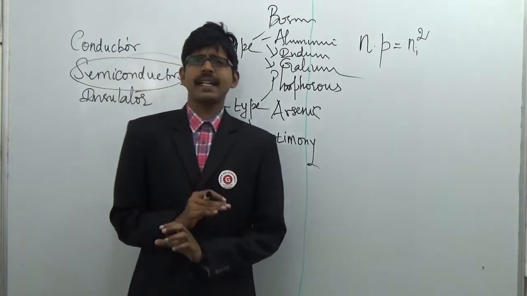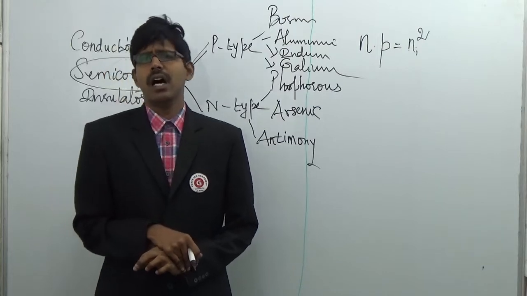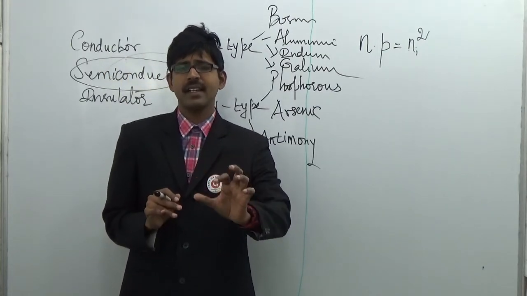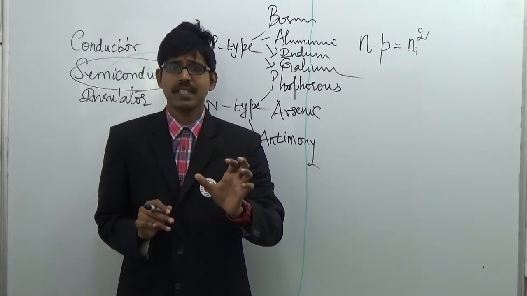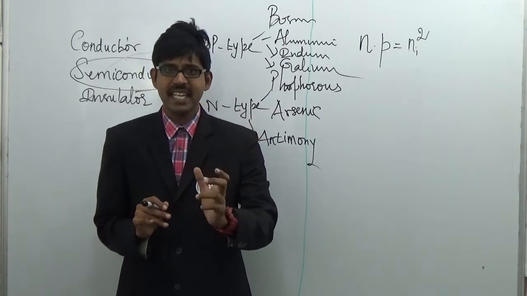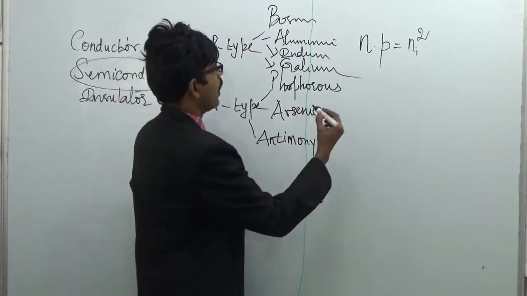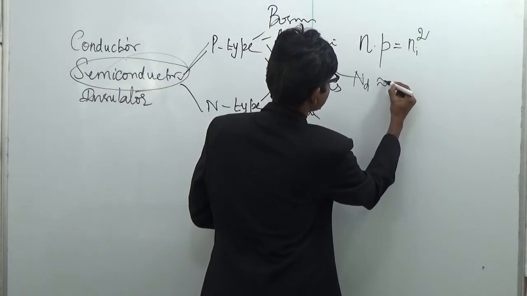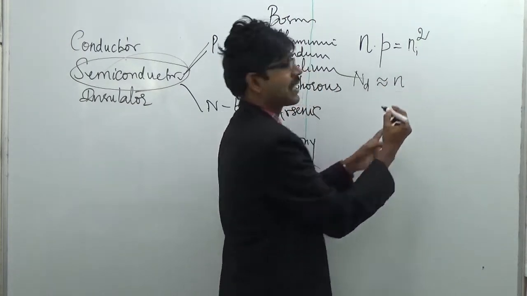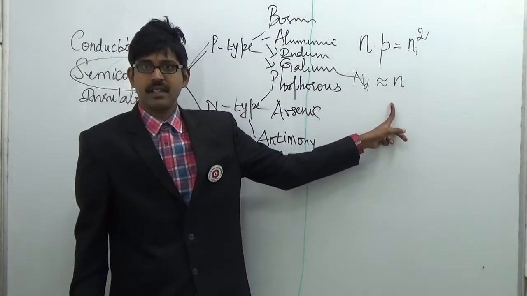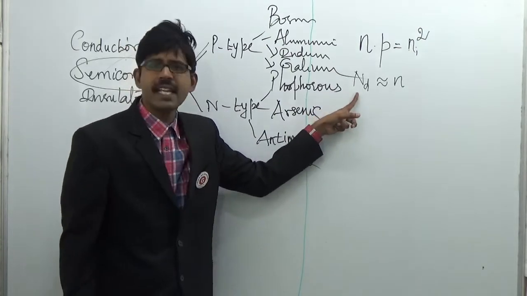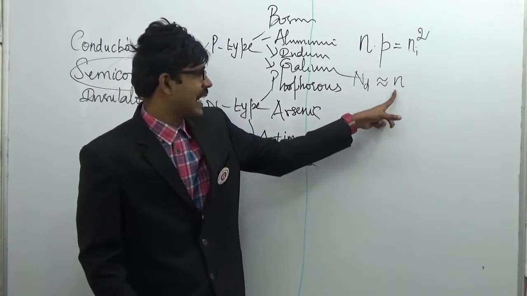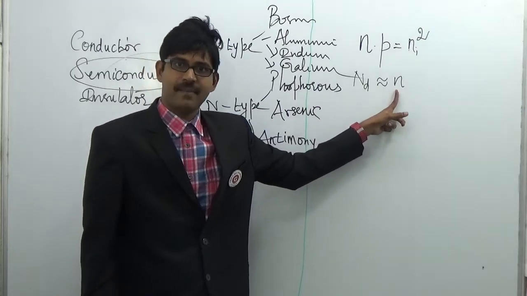Now in semiconductor physics we introduce the donor concentration and the acceptor concentration, ND and NA. The donor concentration is approximately equal to the electron concentration. So if you are given a donor concentration, you can approximate it to the electron concentration, n.